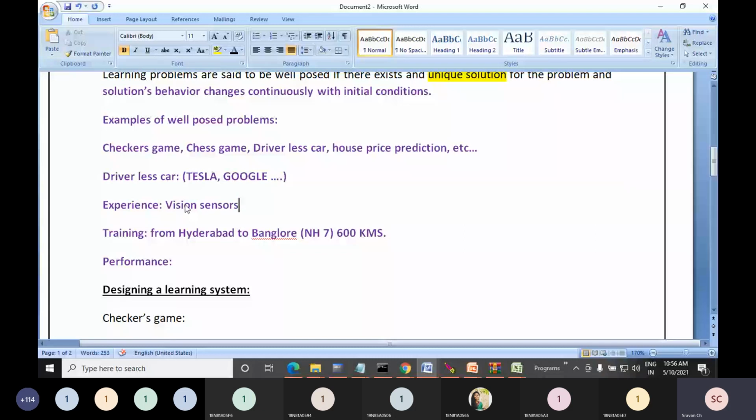This data will be processed and a decision will be made whether to move forward, left, right, or whether to apply brake or accelerator. That is experience. Experience means when you start involving in it, experience comes into the picture. Very simple definition: until you do it, it is not considered to be experience.